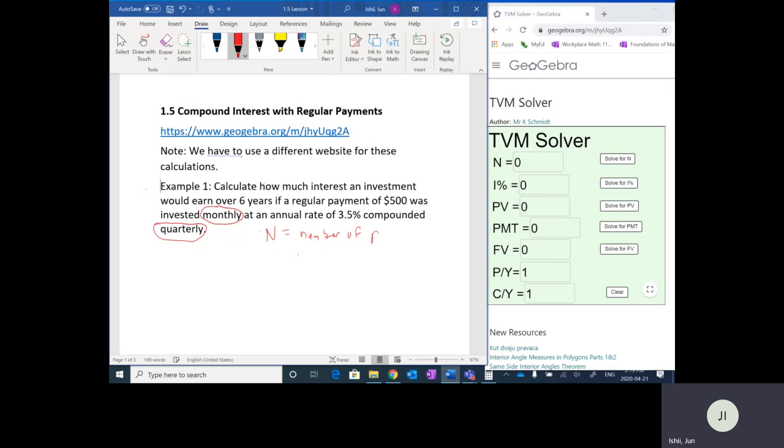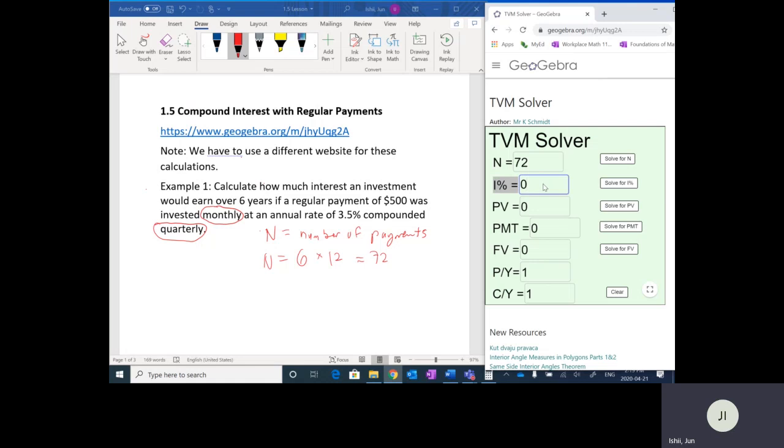In this case, N is over the 6 years, and every month we're investing, so I'm going to multiply that by 12. Notice it's not times 4 because it's compounded quarterly; it's multiplying by 12 because we're putting in 12 payments a year. So 6 times 12 is 72, and I'm going to plug in 72 here.